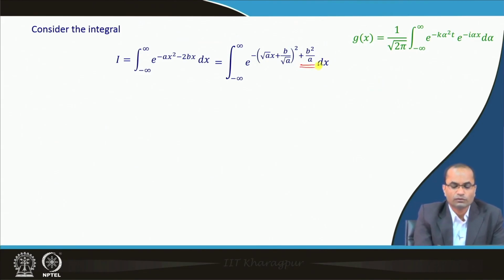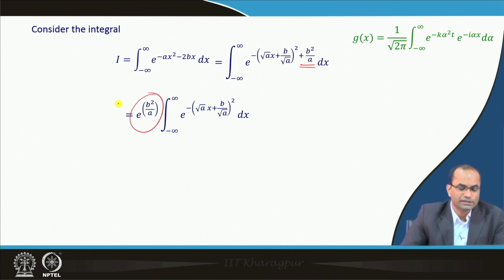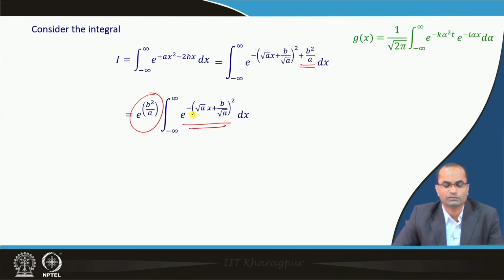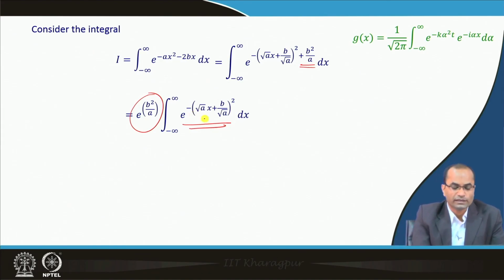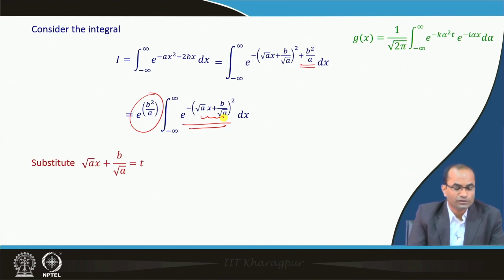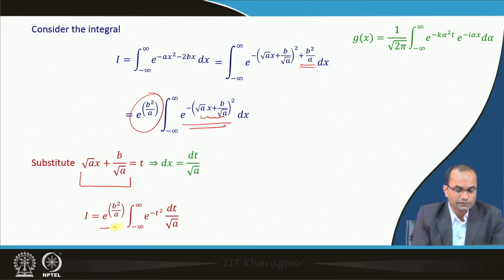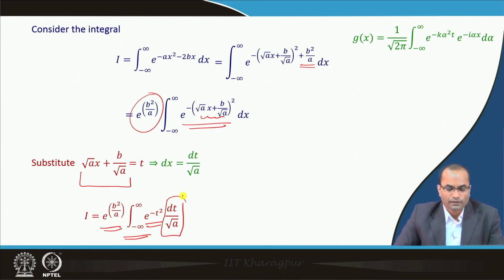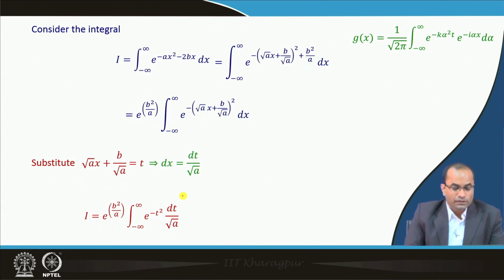So, here the b square over a can go outside. So, e power b square over a, and then we have e power minus square root a x plus b over square root a whole square. And now, we can substitute this to exactly have e power minus y square form. So, if we substitute this a x plus b over square root a as t, after the substitution our integral will become e power b square over a, minus infinity to plus infinity, e power minus t square, and then this factor dt over square root a will appear.